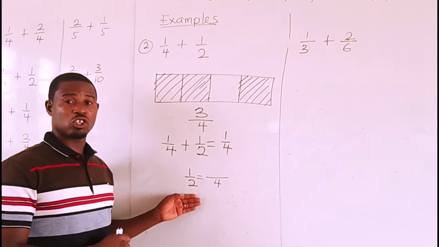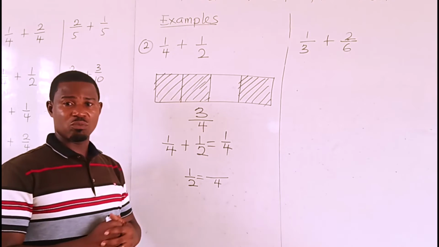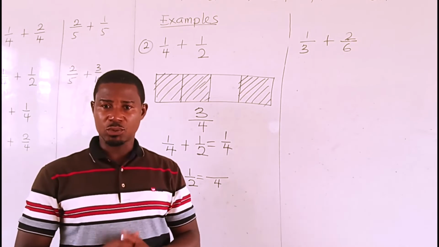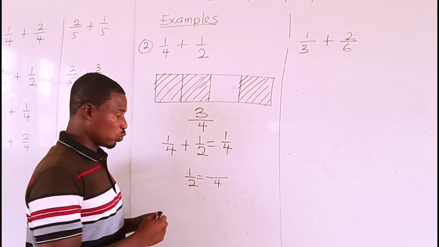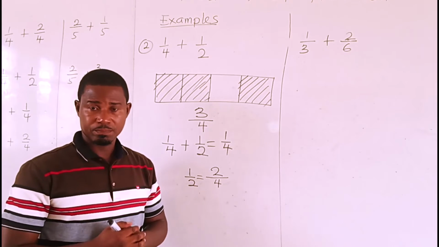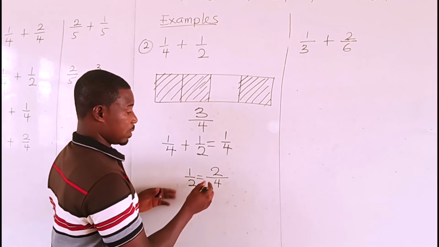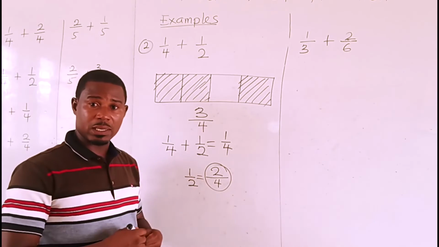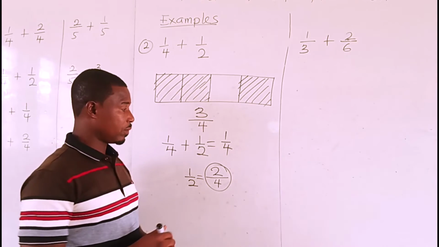We multiply the denominator by 2, so let's multiply the numerator also by 2 and see. So we shall have 1 times 2, and 1 times 2 will give us 2.